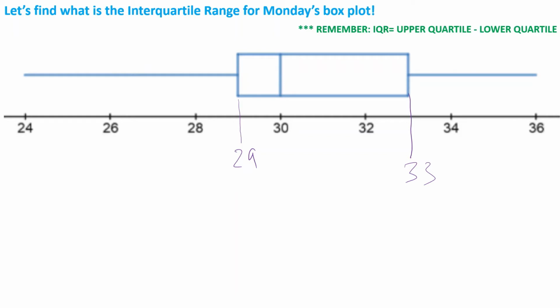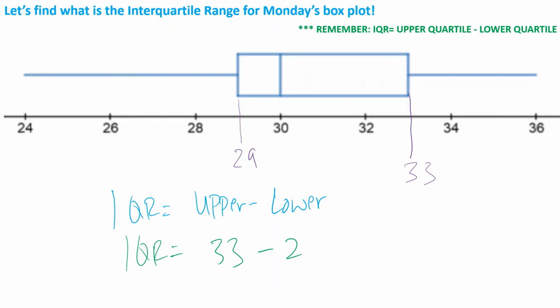So as stated before, interquartile range is equal to upper quartile minus lower quartile. Our upper quartile is 33, our lower is 29, so the interquartile range for Monday is equal to 4.